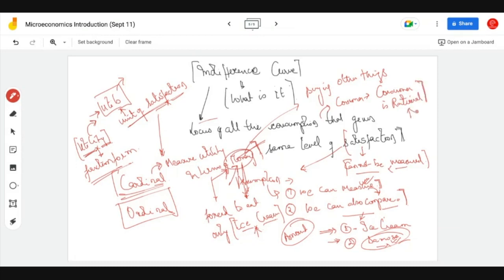Rational means the consumer has all the senses and all the information to make the correct choice. A rational consumer will always prefer, let's say, food over drugs, because with drugs we believe the consumer is not rational.